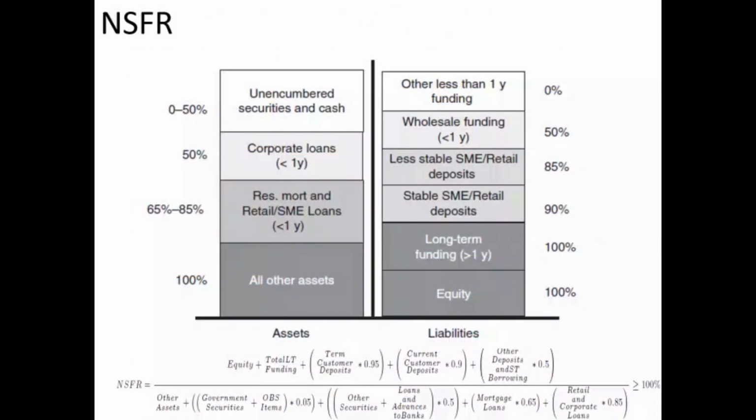Now let's look at the net stable funding ratio. This diagram tries to show you the various haircuts that you need to apply to certain assets and liabilities to be included in the formula of amount of stable funding divided by required amount of stable funding.